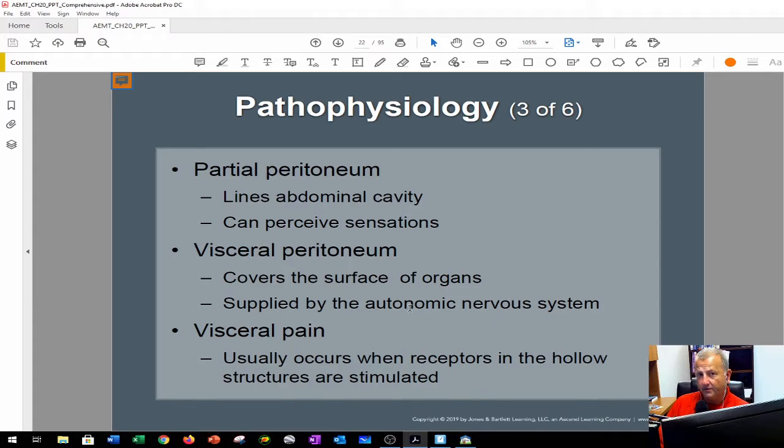Just like the lungs have stretch receptors to protect them from overfilling, the abdominal organs have these stretch receptors, right? And if they stretch too much, that's what brings on that pain. And that's associated with the organs.